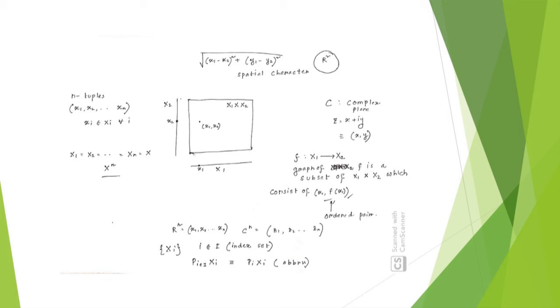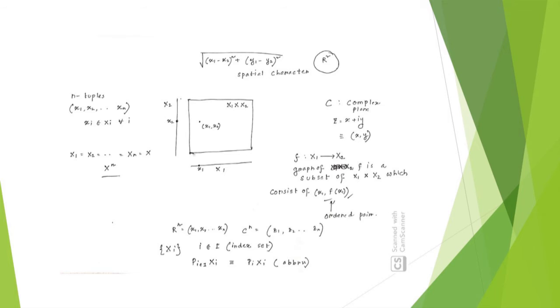The product of the sets Xi, we write as the product over i belonging to capital I of Xi, and it is defined to be the set of all functions x defined on the index set I such that x of i is an element of the set capital Xi for each index small i.